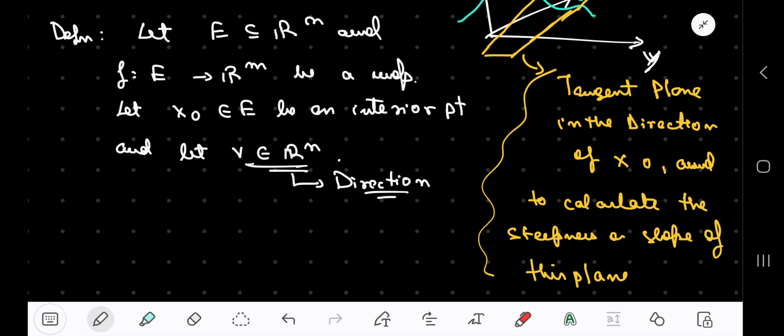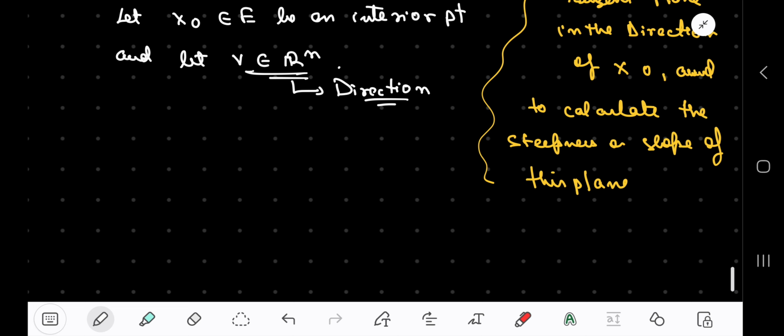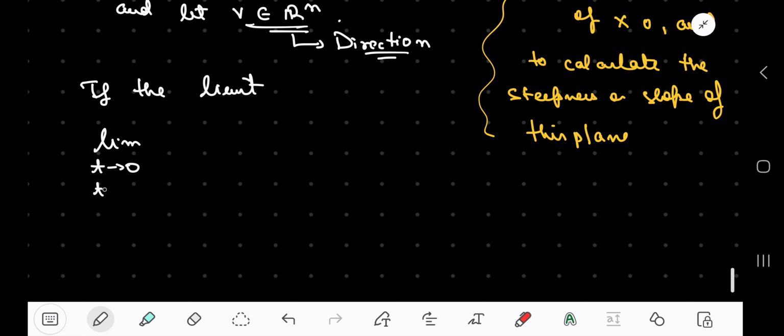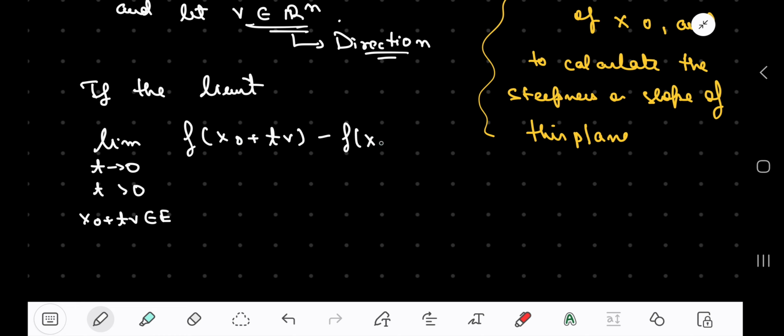This is something we need to keep in mind, that we are choosing this vector in such a way that the small direction which we are assigning using this vector starting from x naught should still be inside E. So if the limit as t tends to 0, t greater than 0, and x naught plus tv, this small directional vector, is still inside E, of f of x naught plus tv minus f of x naught, divided by t, exists.